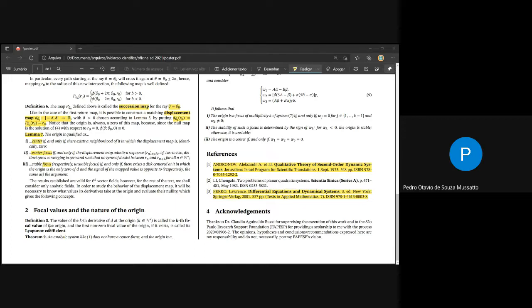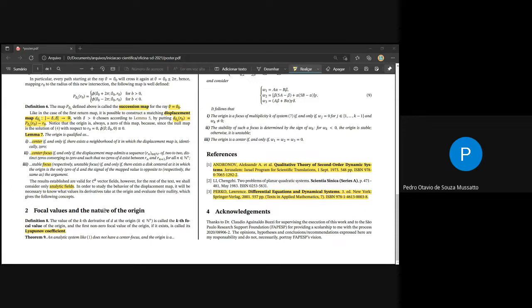So, to get the best result, we are going to change our focus to analytic fields. Though the results of the book are broader, they are true even for C1 vector fields. When applying Taylor's formula with Lagrange remainder, we find that the first nonzero focal value, which is called the Lyapunov constant of the origin, always happens at odd positions.